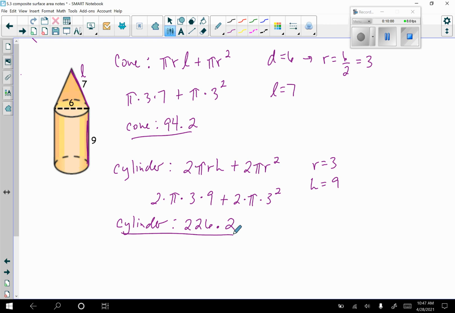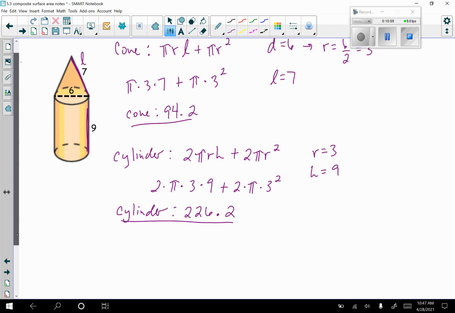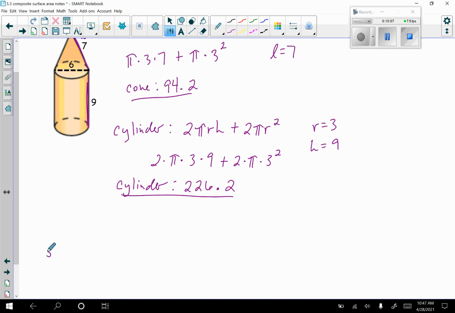Now we need the shared area. Okay, we have to think. My shared area is this circle. So we have to find the area of that circle. So we're looking for pi r squared. So pi, and then our radius is 3, so 3 squared.